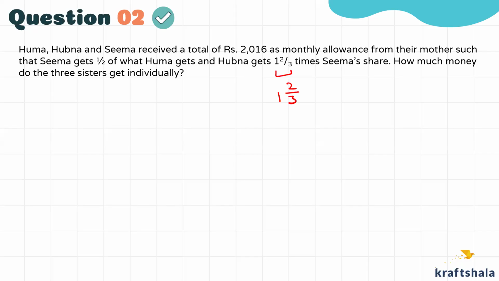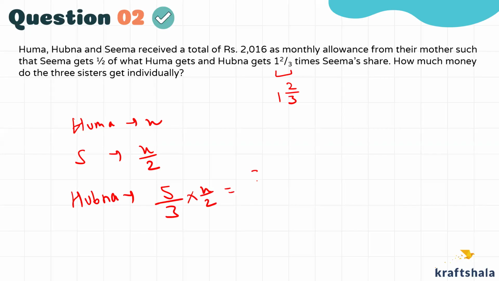All right, let's try. So there are three people who receive a total of this. Seema is dependent on Huma and Habna is dependent on Seema. So let's say Huma gets X rupees. So Seema gets X by 2, half of what Huma gets, and Habna gets 1 2 by 3, that is 5 by 3, of Seema's share.